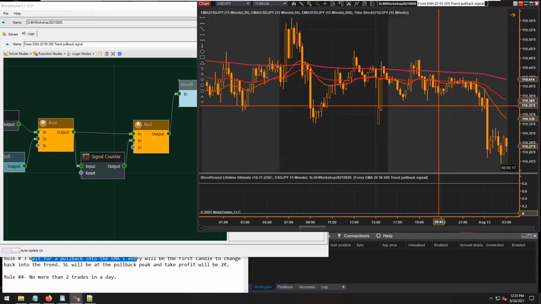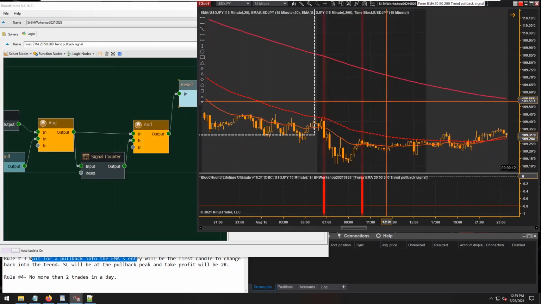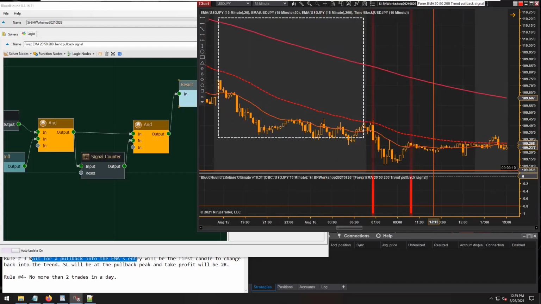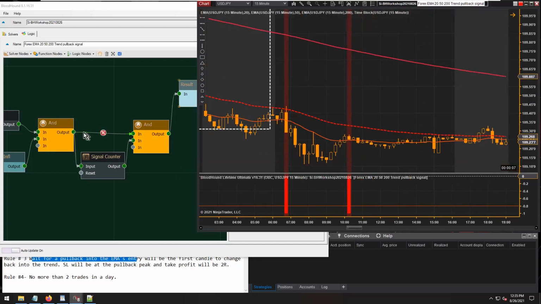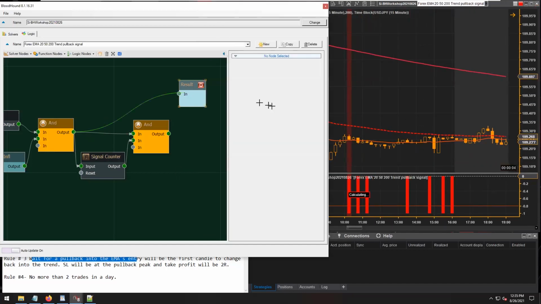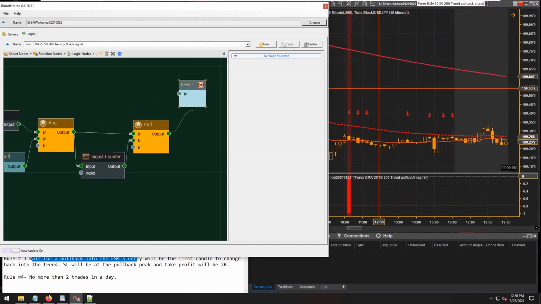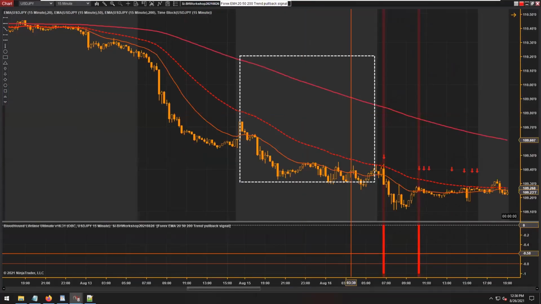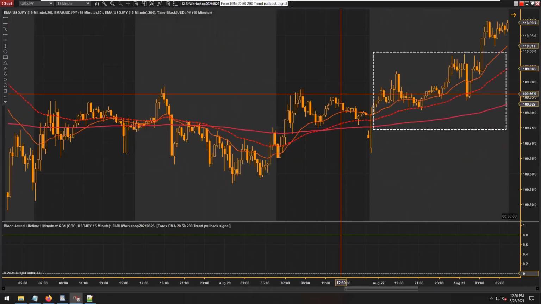And let's go forward on the chart and see what we have here. There we go. There's our down day. And I think we have one more day here where there might be some signals.